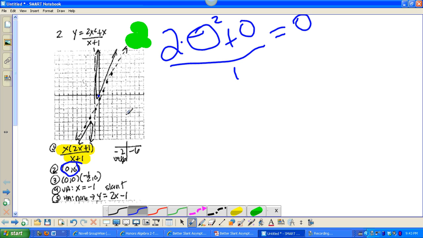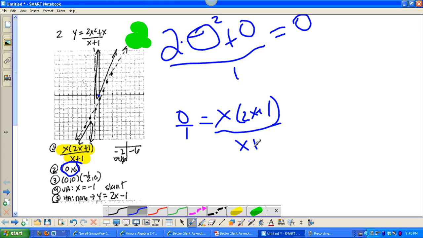And then when I solved for y, when I let 0 over 1 equal x, and I'm going to go with the factored form, so x times 2x plus 1 all over x plus 1. When you cross multiply, this x plus 1 in the denominator is going to go away.